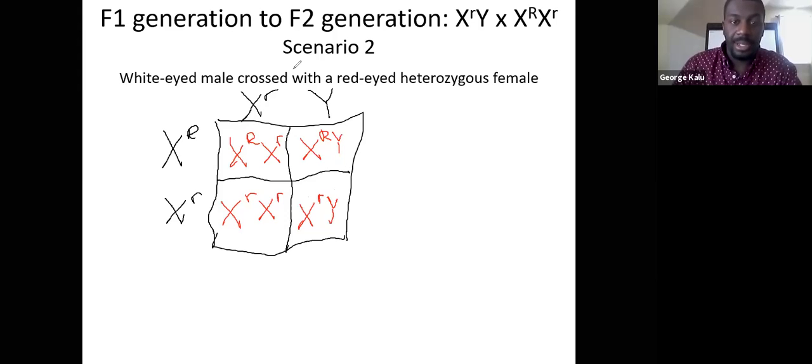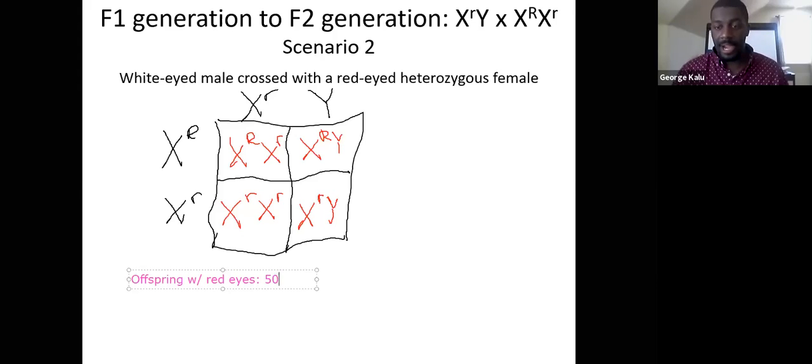All right. So again, let's take our offspring and look at them as a whole. If we look at all of our potential offspring, what's the likelihood that we can have offspring with red eyes? Right, 50%, because we're going to see the dominant allele in these top two boxes.